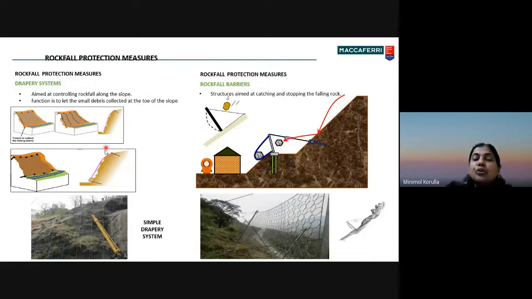So now, for the drapery systems, different types are there. The drapery system which is connected at top and bottom, the drapery system which is connected only at the top, and the drapery system which is connected not only at top and bottom but at intermediate points also.